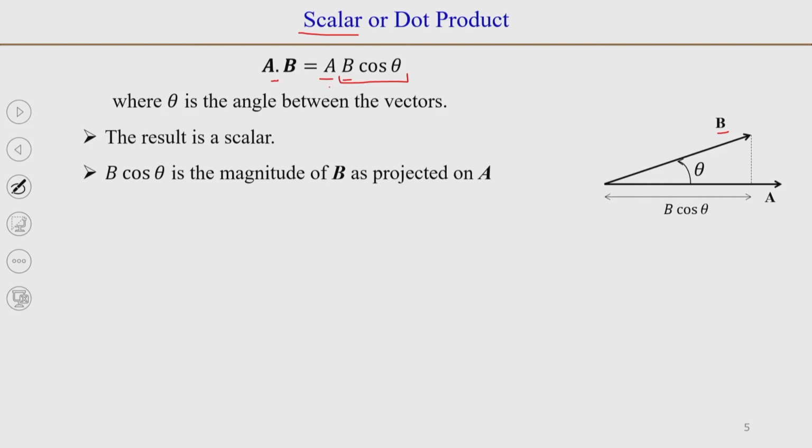You can write this as B A cos theta. So, the dot product is equal to the magnitude of vector B multiplied by the projection of vector A on vector B.